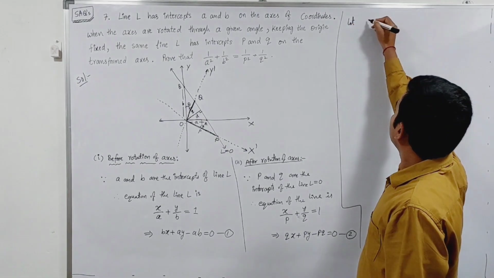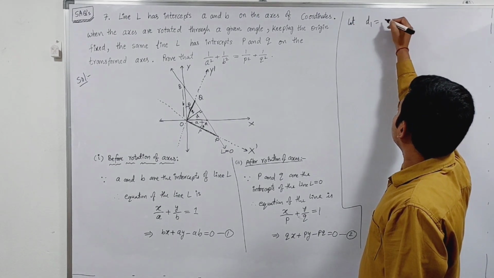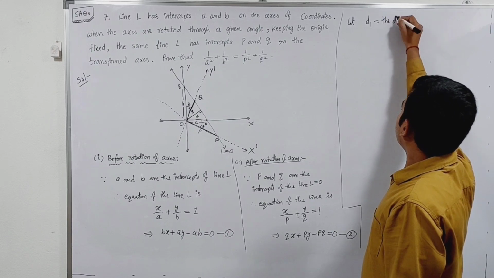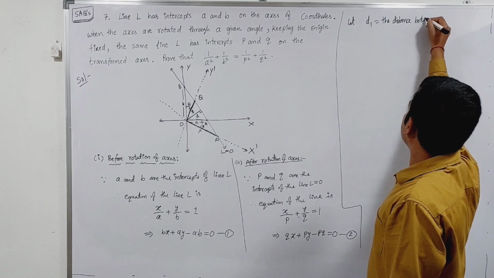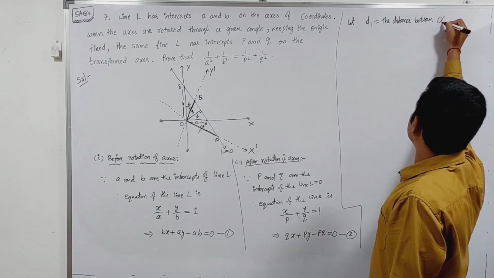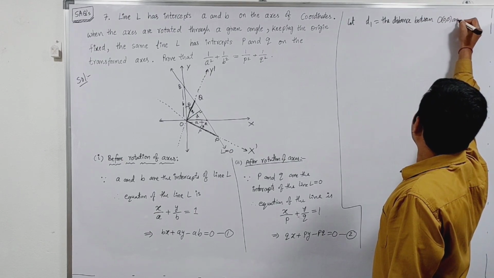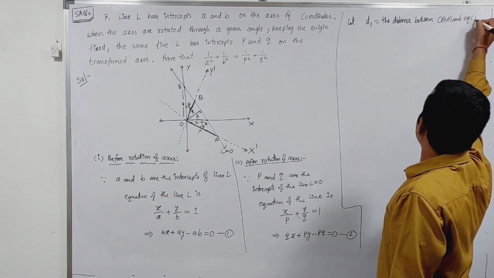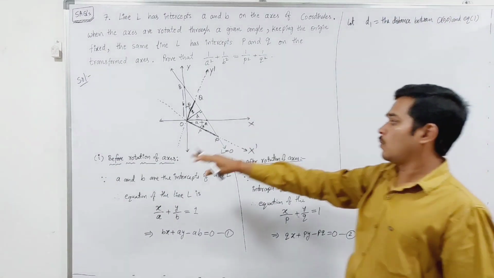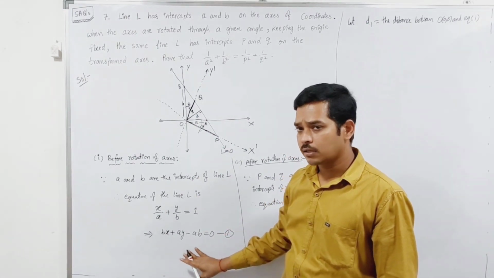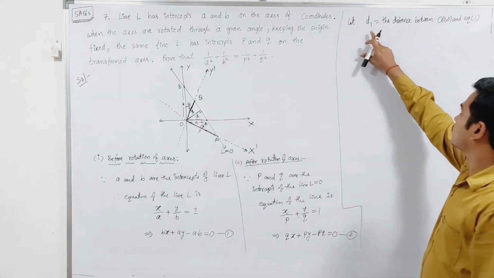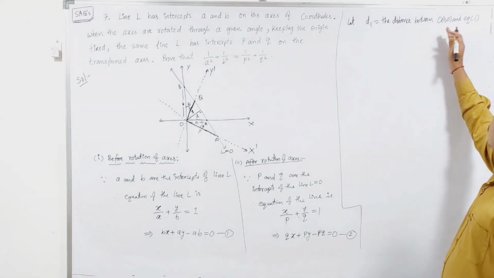Let d1 be the perpendicular distance between the origin (0, 0) and equation 1. Before rotation of axis, equation 1 is the equation of the line L. So d1 is the distance between the origin and equation 1.